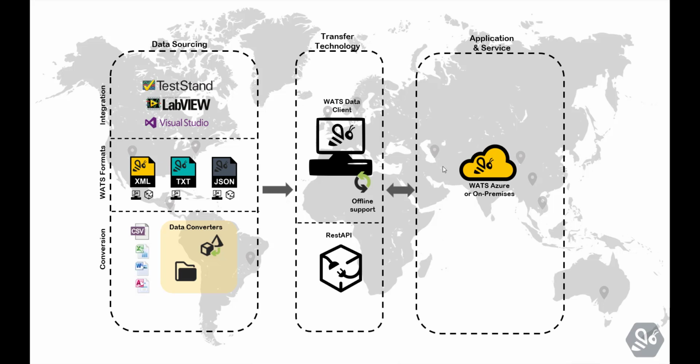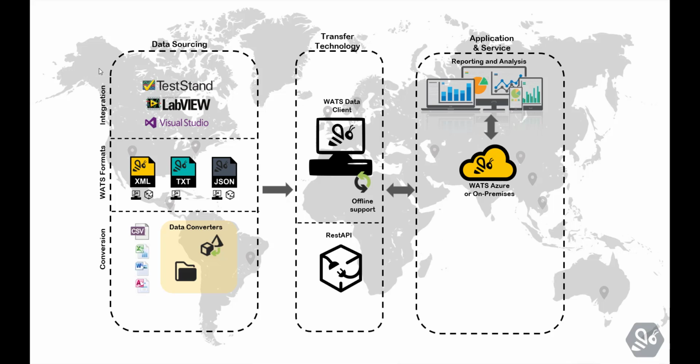Okay, so then data is transferred to the database. Although we're talking mostly about Azure, I just want to make the point again that it's the same application, the same WATS software that runs on-premise as well. All reporting and analysis is done through a standard web browser, a design choice we made many years ago to avoid installing applications on the user side, which makes it very lean.